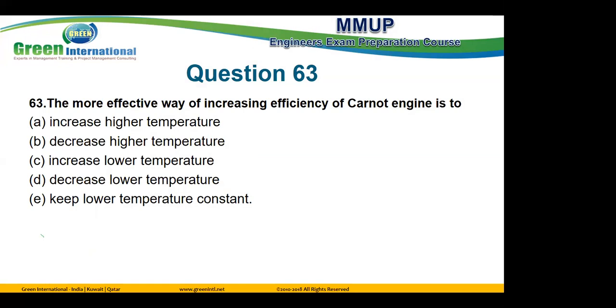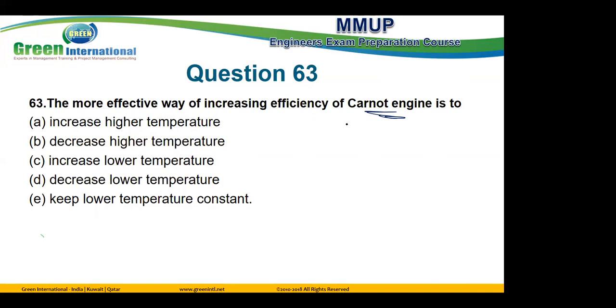A more effective way of increasing the efficiency of a Carnot engine is to... be aware, the Carnot engine is the ideal and perfect engine. It's the best one, so it should have the higher efficiency of the cycle. If you know the cycles, you have different cycles. If one is Carnot, this is the maximum one.